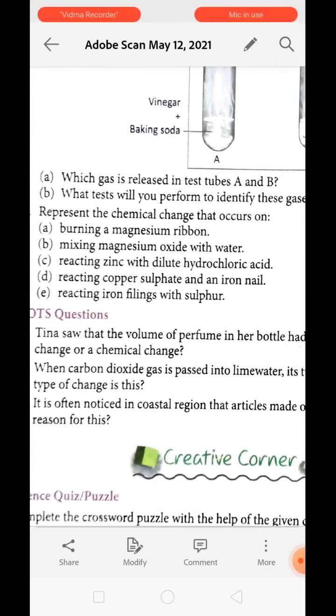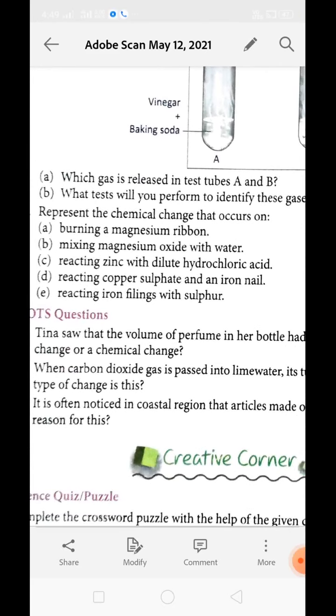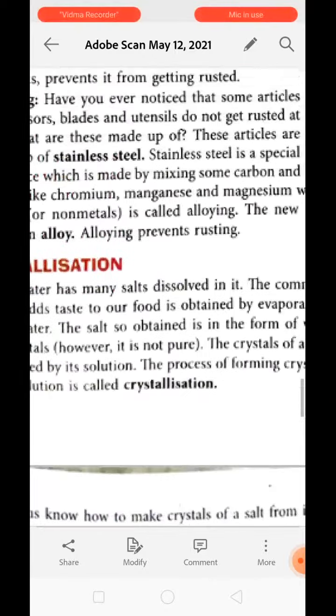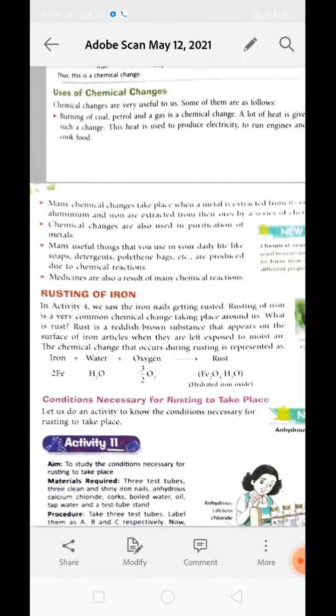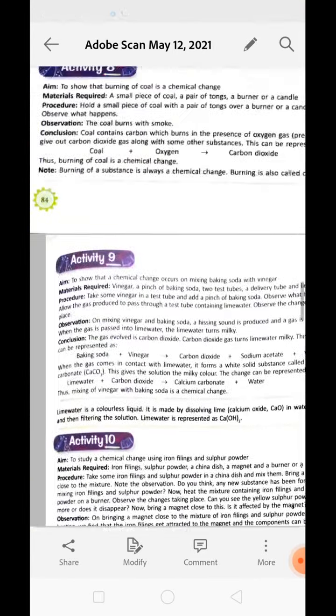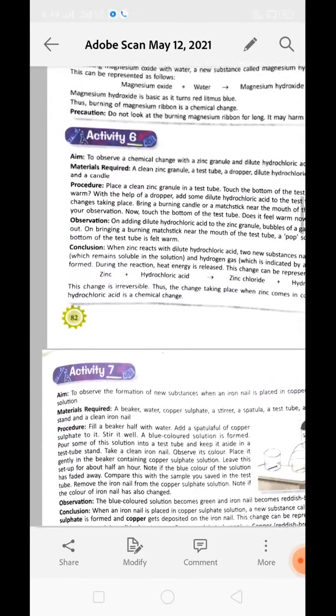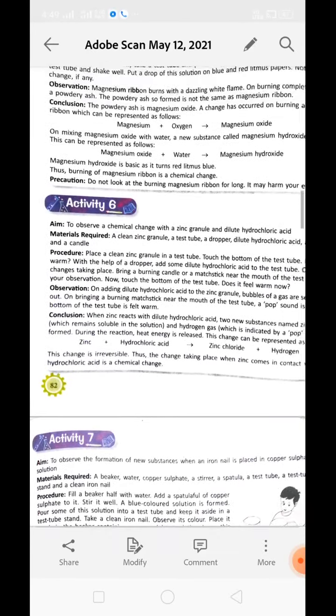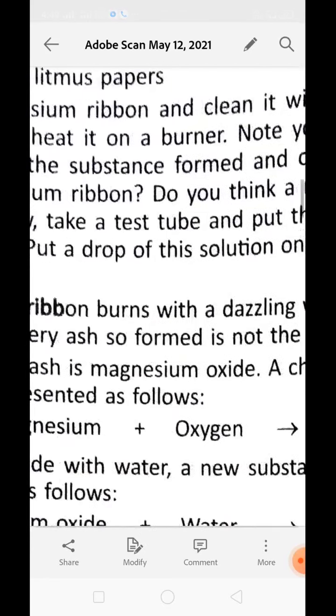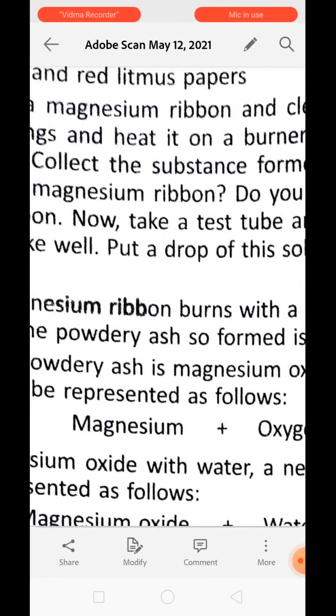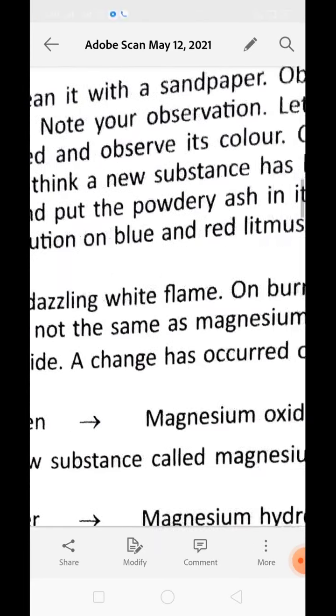Represent the chemical changes that occur on the following. The first is burning magnesium ribbon. For that you will write magnesium plus oxygen is equal to magnesium oxide.